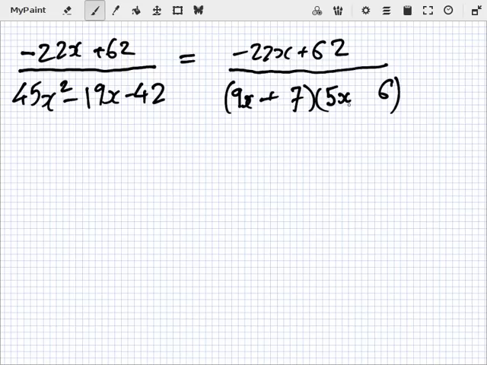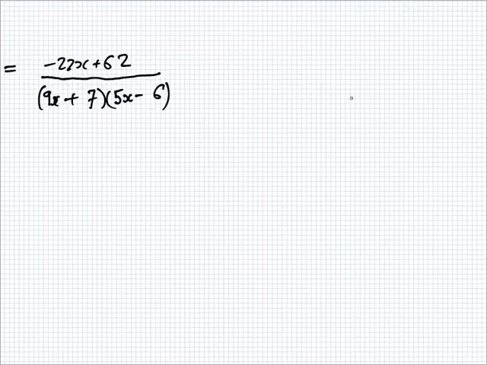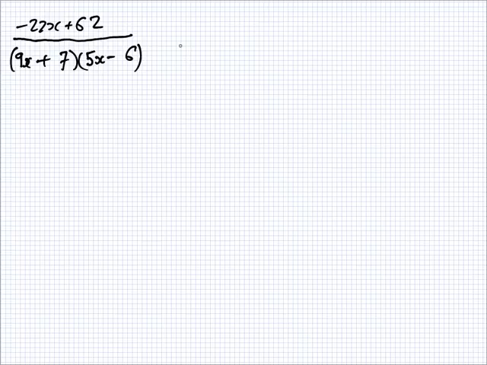This is plus 1 and this is the minus 1. Okie dokie. So now we know that this is equal to A over 9x plus 7 plus B over 5x minus 6.